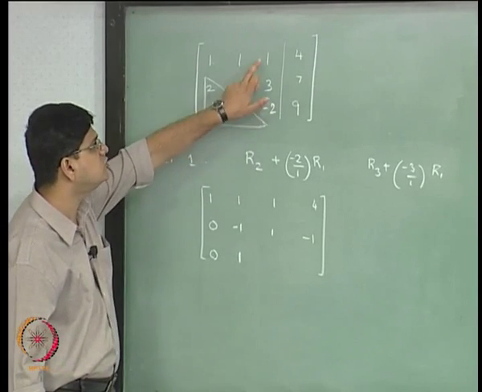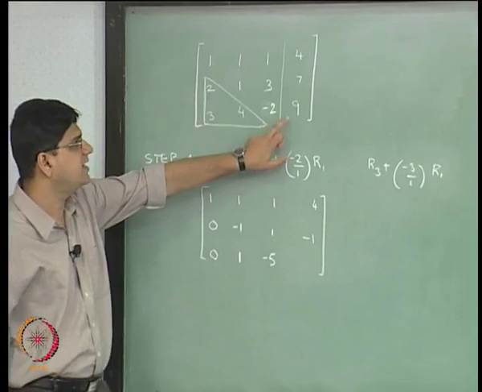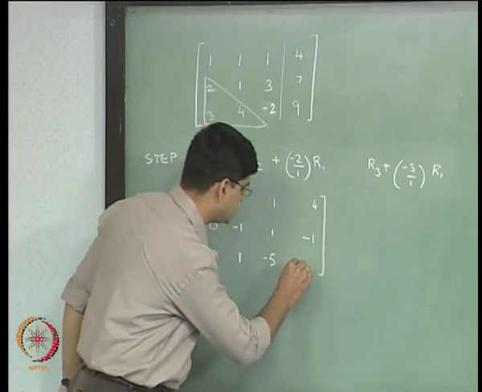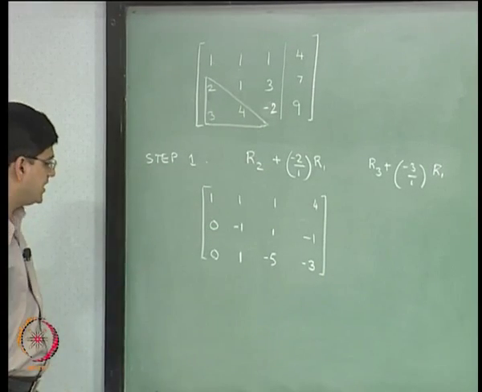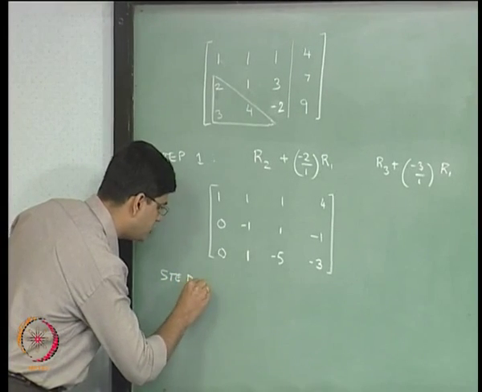This is minus 2 minus 3 which is minus 5, and 9 minus 12 which is equal to minus 3 over here.